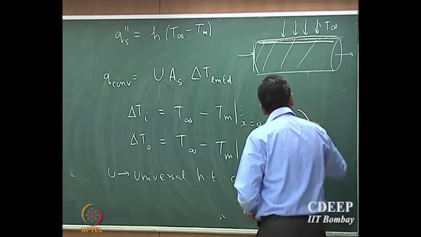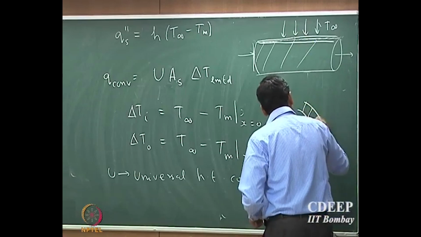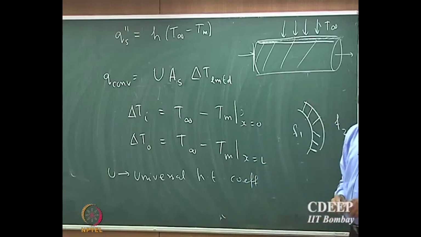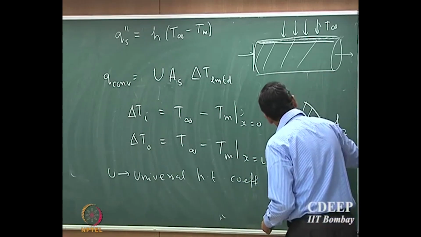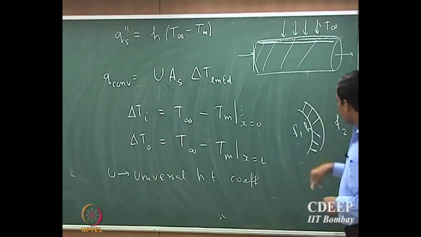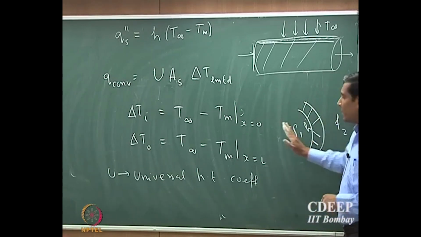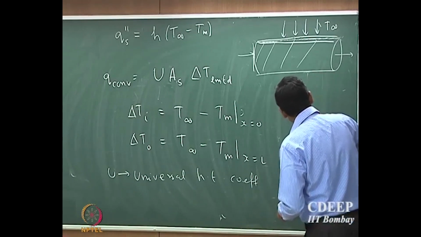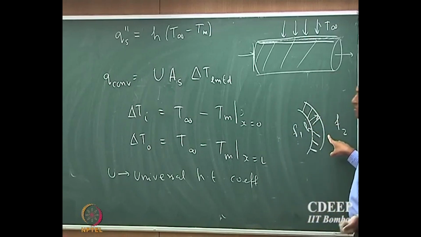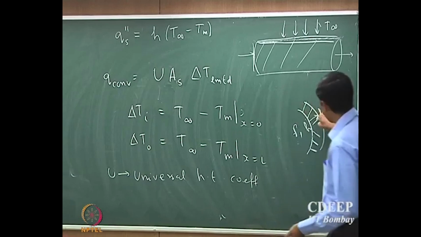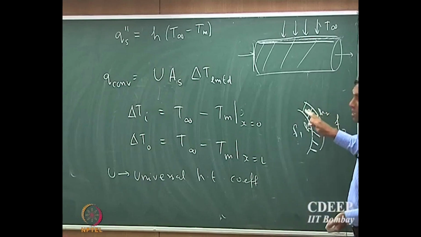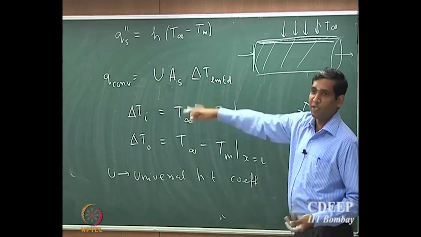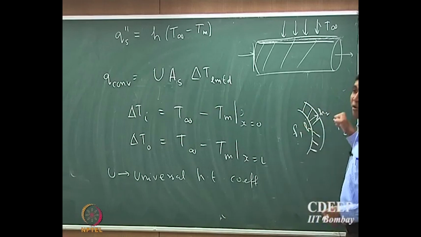If I zoom into this location, this is the wall of the tube, with fluid 1 flowing here and fluid 2 flowing here. You could have a heat transport coefficient at the internal location for heat transport from fluid 1 to the wall of the tube, then heat transport from the inner wall to the outer wall, and then a heat transport coefficient for transport of energy from the wall to the outside fluid. So this U, the universal heat transport coefficient, accounts for all three quantities.